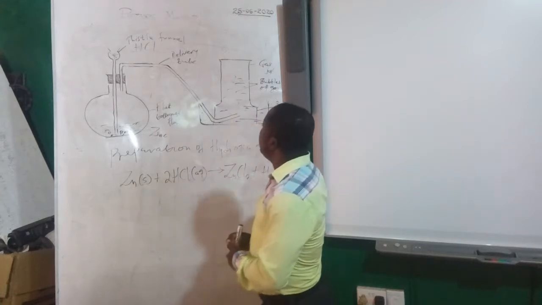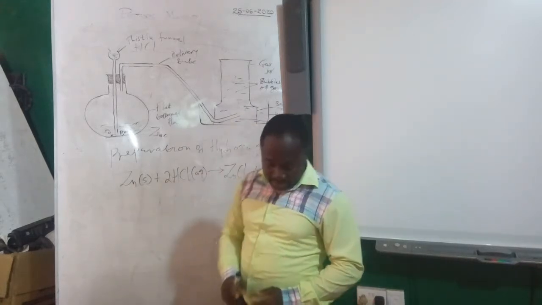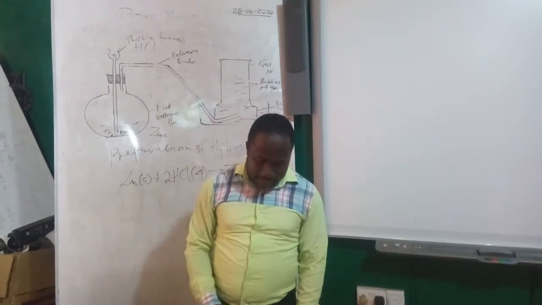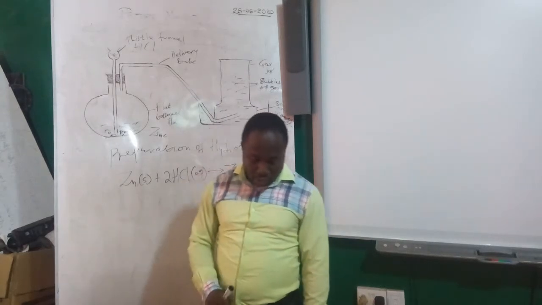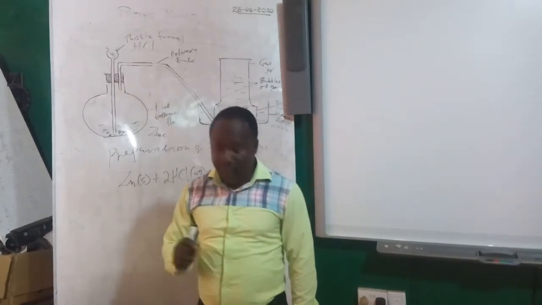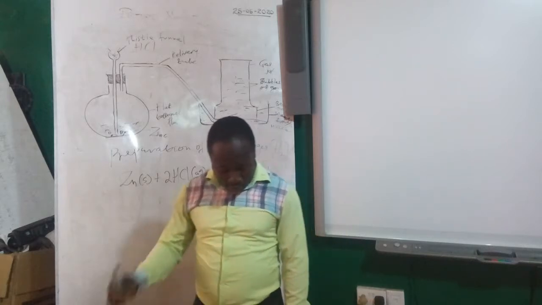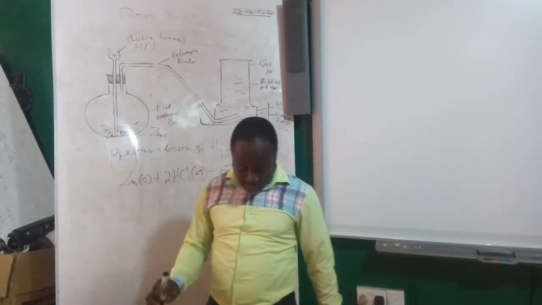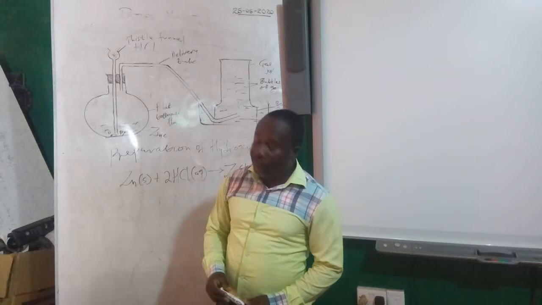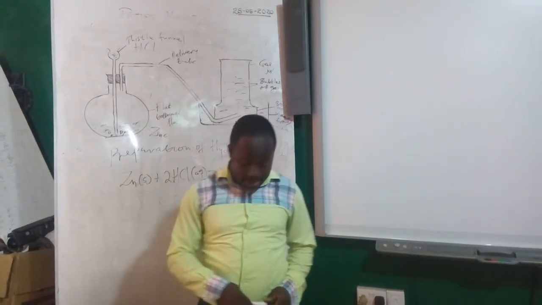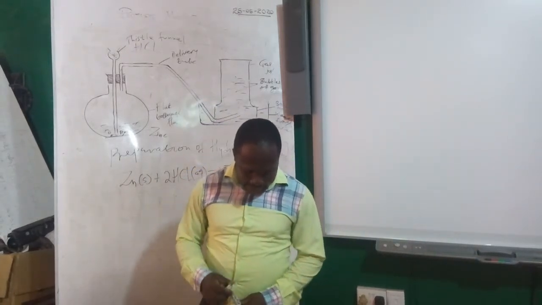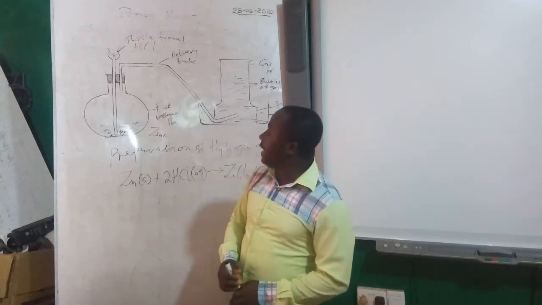So now that we know the properties of hydrogen gas: 1, colorless and odorless; 2, lighter than air; 3, insoluble in water; 4, it has no effect on litmus paper; 5, it forms an explosive mixture with oxygen or air. Again, it is a reducing agent.